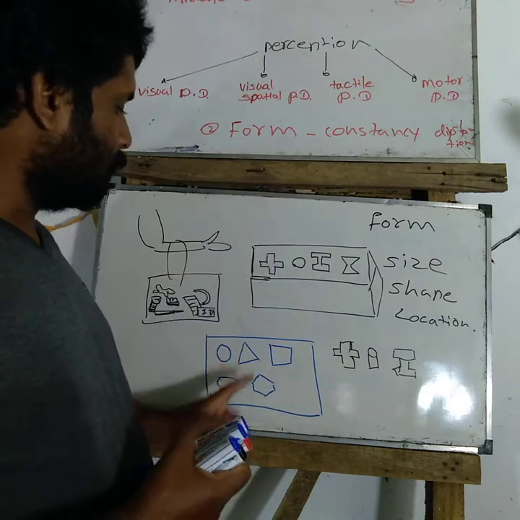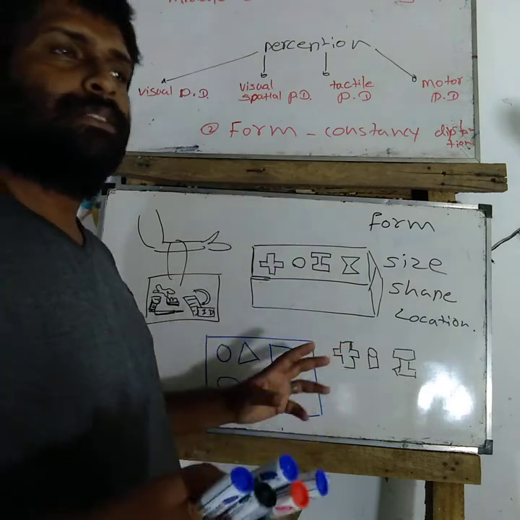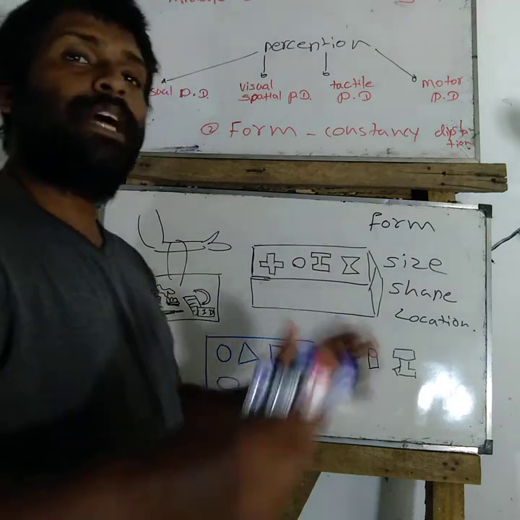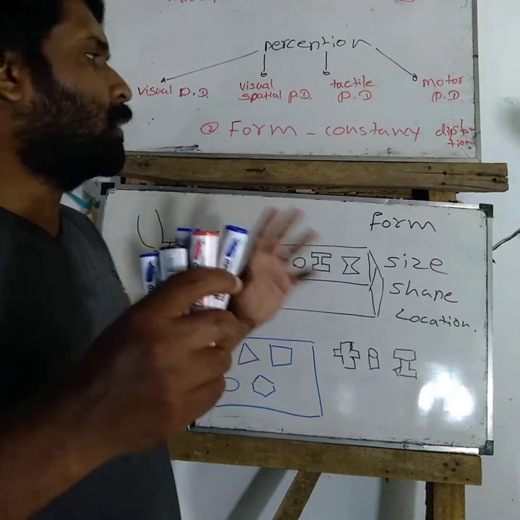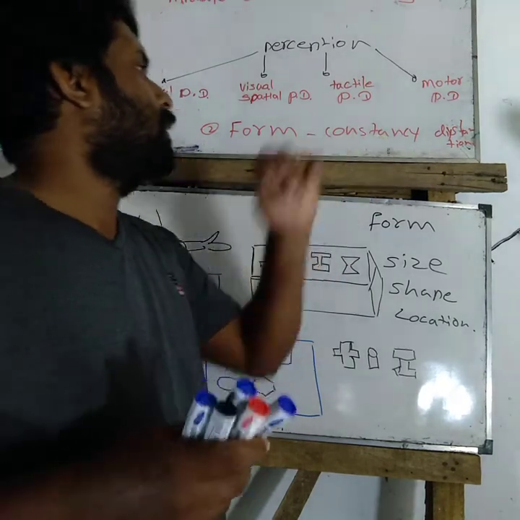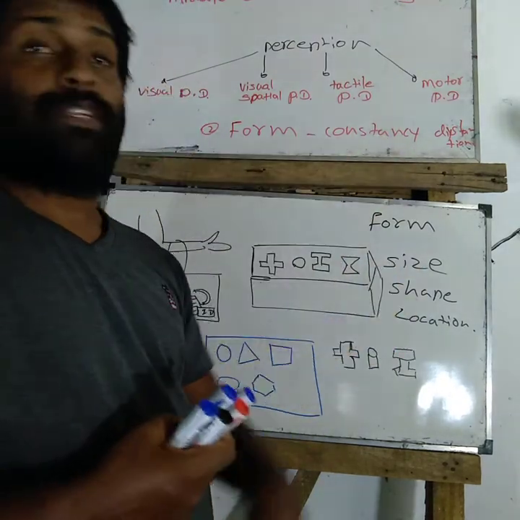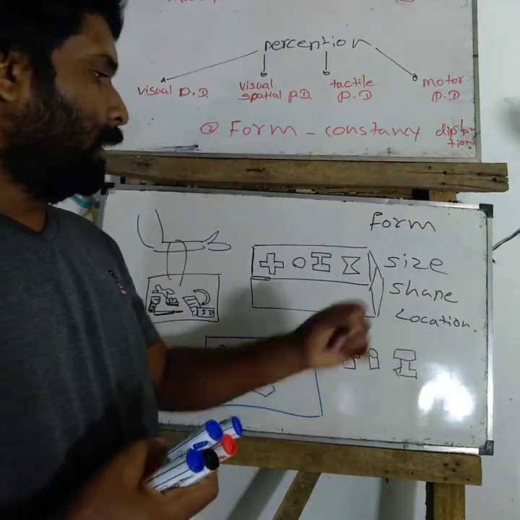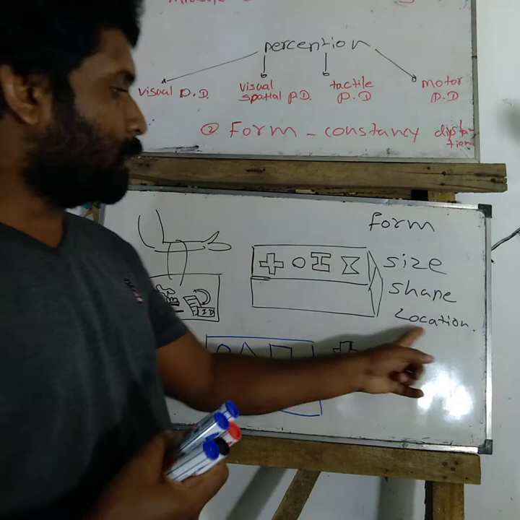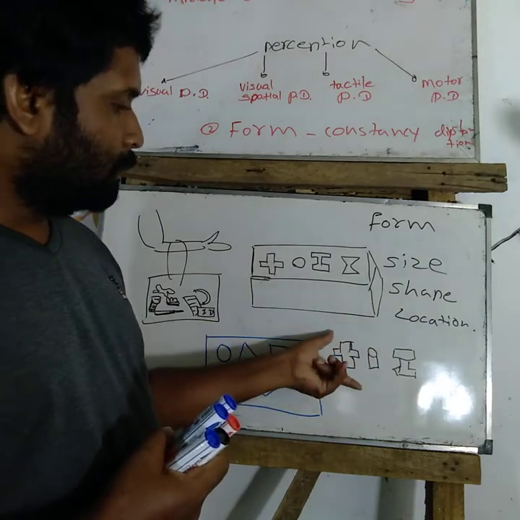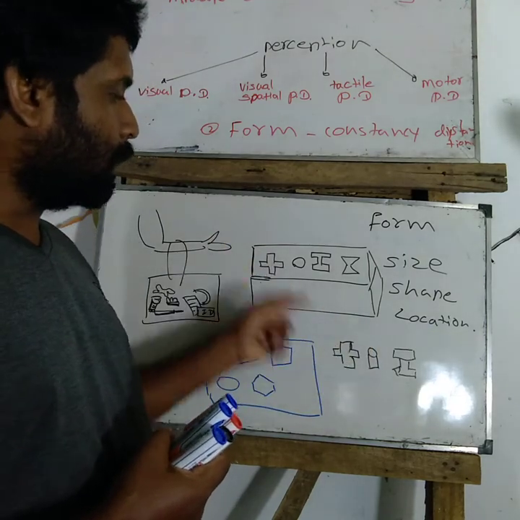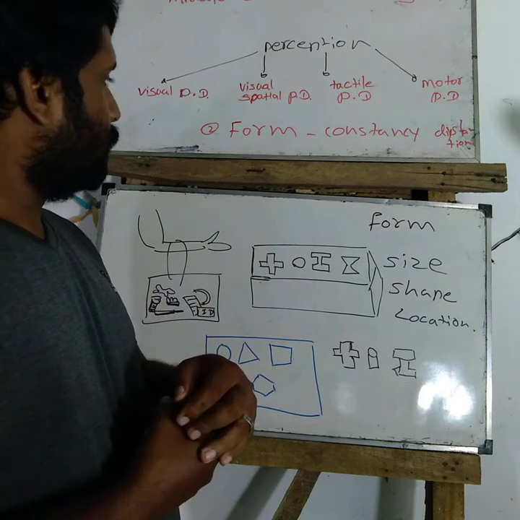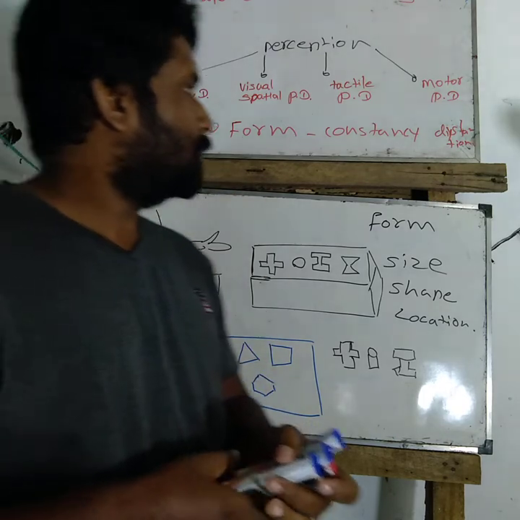What is this? Is it round? Is it a triangle? Rectangle, oval, diamond. Likewise, several shapes can't be identified. This is all the form constancy and shape identification problem. Right. Location is also connected to this thing. They can't identify the location of this thing. Alright, this is the form constancy dysfunction.